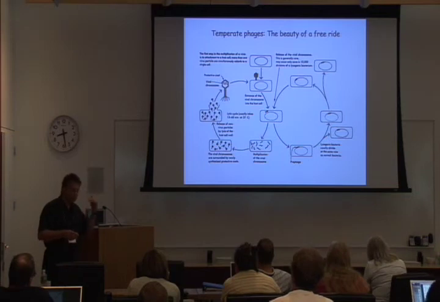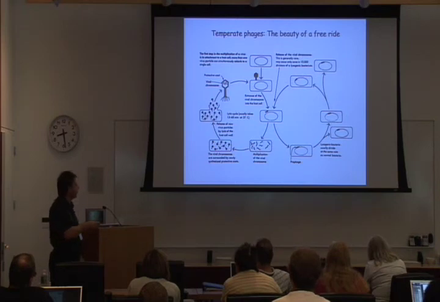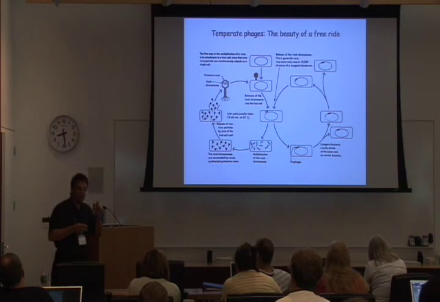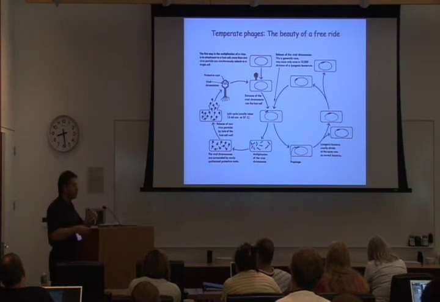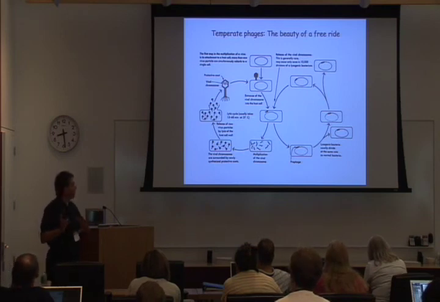That process is quite well understood in some cases, and I won't go into it in detail, but the concept is that there is a transcriptional repressor which is synthesized in these lysogens, binds to operator sites on the prophage DNA, and represses and shuts down this program of lytic reproduction.